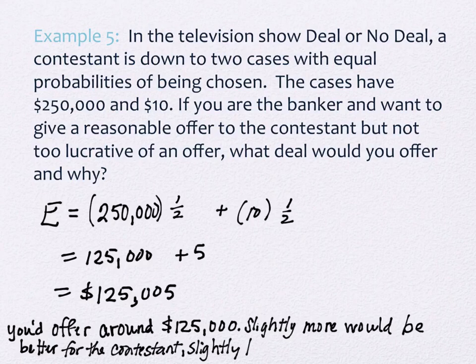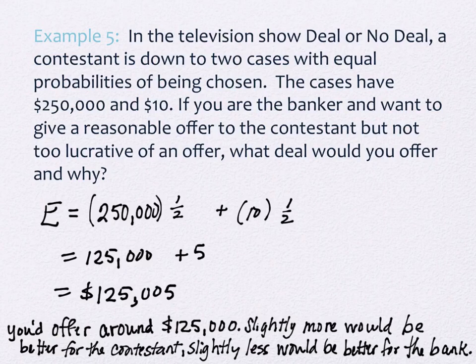Slightly less would be better for the bank. And of course, they're also weighing out dramatic appeal with the audience, right? That's part of it too. But numerically, this is actually what you would be looking at. The answer needs to be, it's around $125,000 that you'd be offering to make it a reasonable estimate. Any questions on that one?